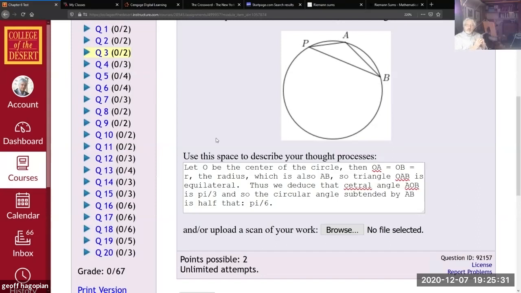Is equilateral. I suppose I could if I still had my Surface, but that was a disaster. We deduce that central angle AOB is pi over 3, 60 degrees, right? And so the circular angle subtended by AB is half that, pi over 6. I think that's right.